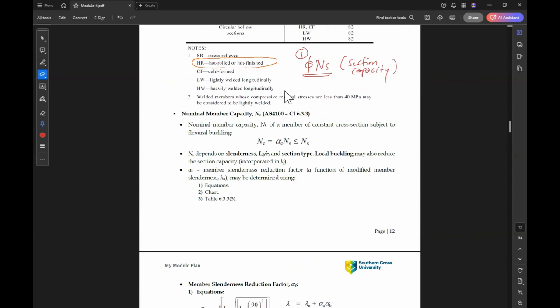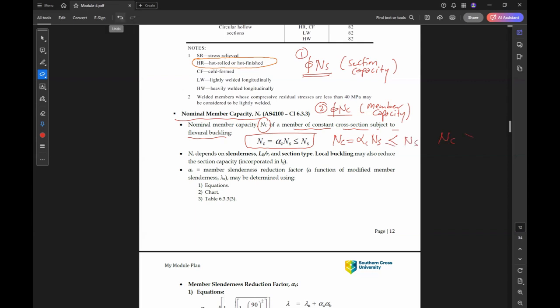The second part is the nominal member capacity NC. So number 2 is phi NC, or the member capacity. For the member capacity NC of a constant cross section subject to flexural buckling, NC is equal to this formula, NC equal to alpha C times NS. So the member capacity is related to NS, and the maximum cap of it is NS.